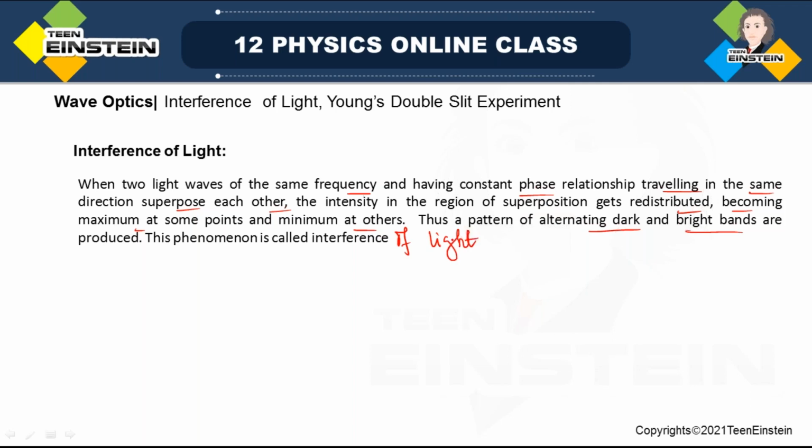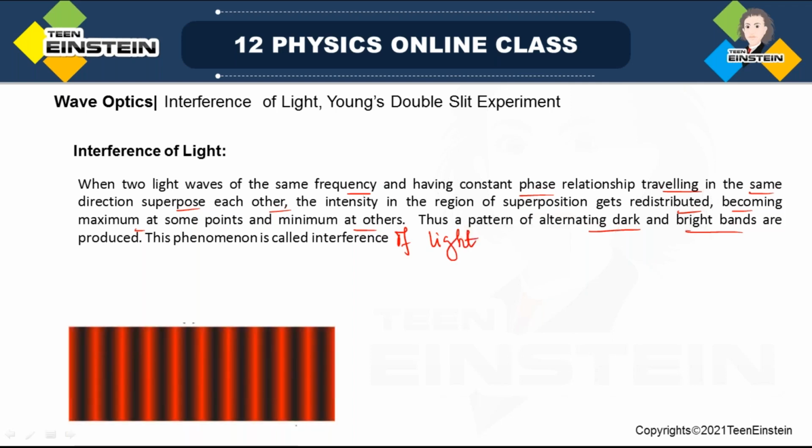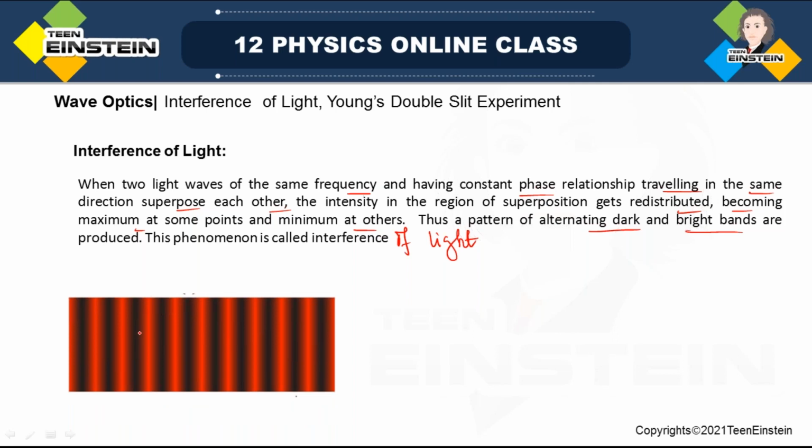This we had already discussed last time, and I had shown you this figure. You can see that there are alternating dark and bright fringes. This is bright, this is dark; again dark here and bright here, alternately dark, bright, dark, bright.